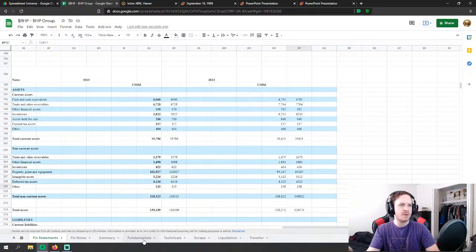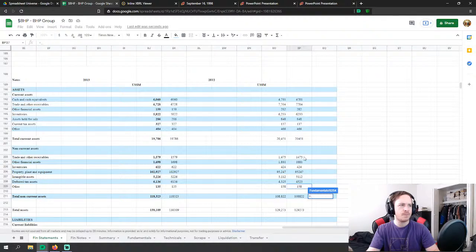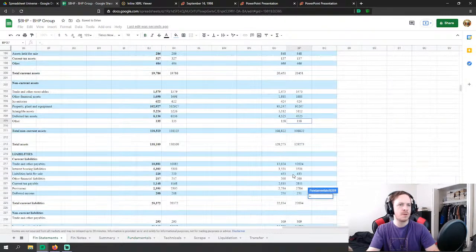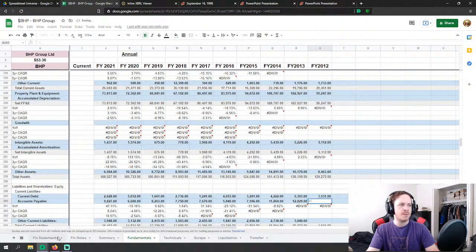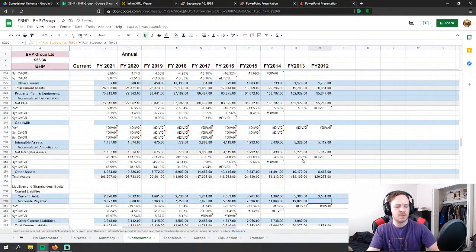Missing something there. Receivables, assets, inventories, tax assets, other. There we go. Interest-bearing liabilities, payables plus taxes.